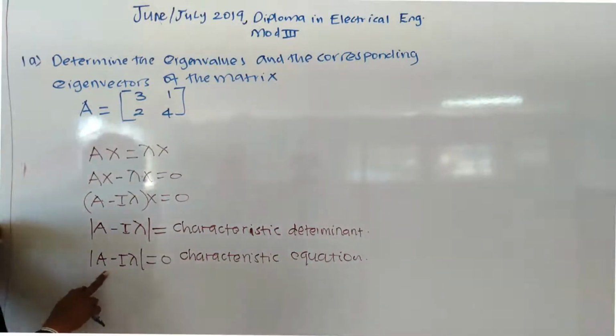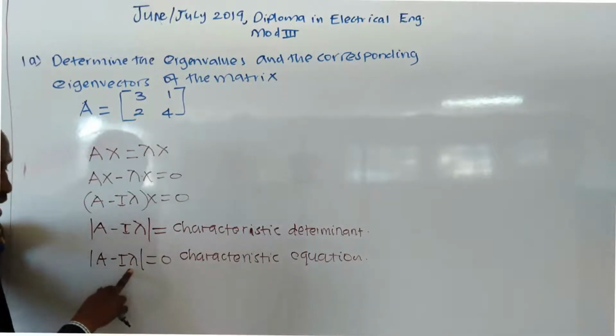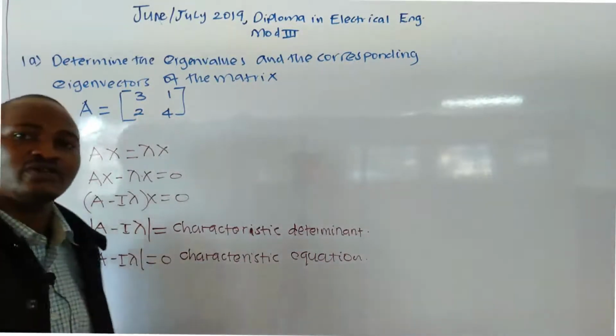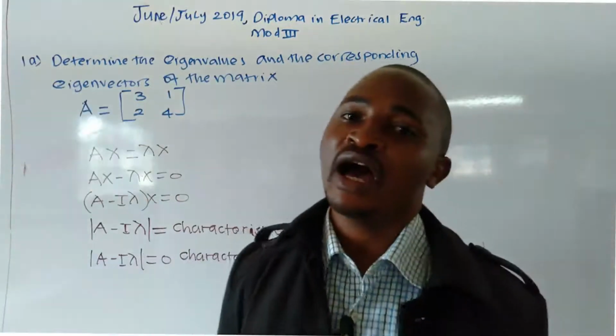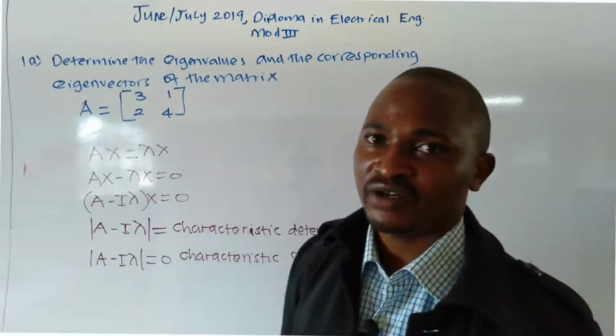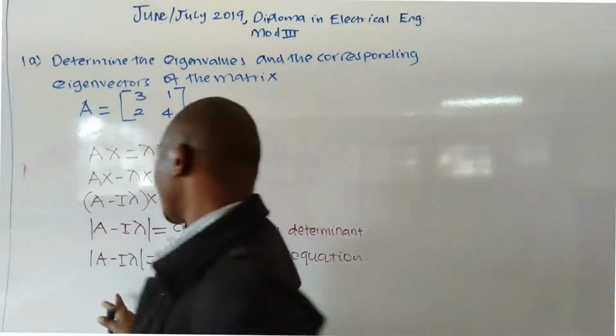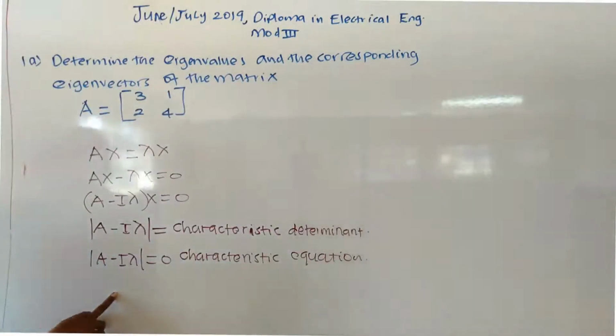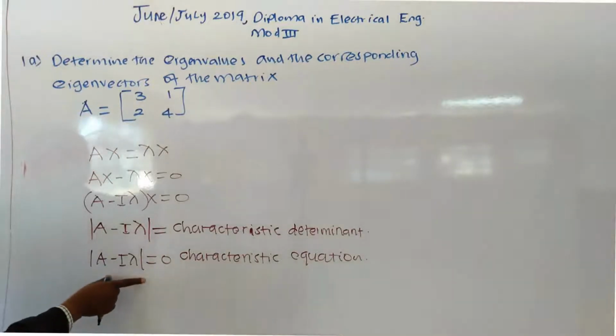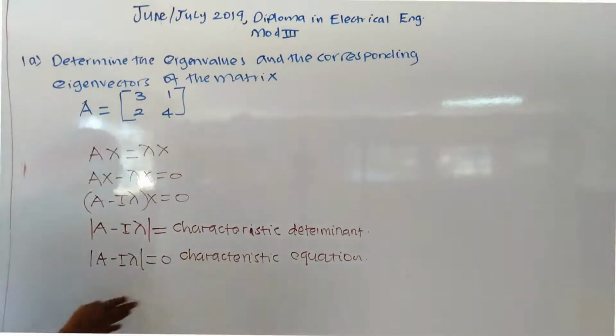Now, if we solve the characteristic equation for lambda, the various values of lambda we are going to get are our eigenvalues. So now we are going to substitute the various matrices in the characteristic equation.